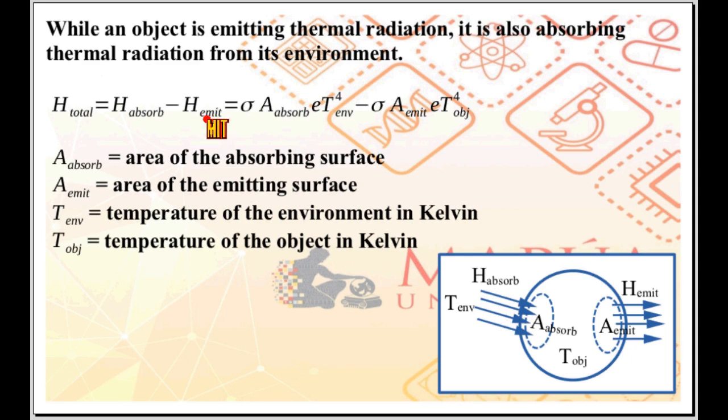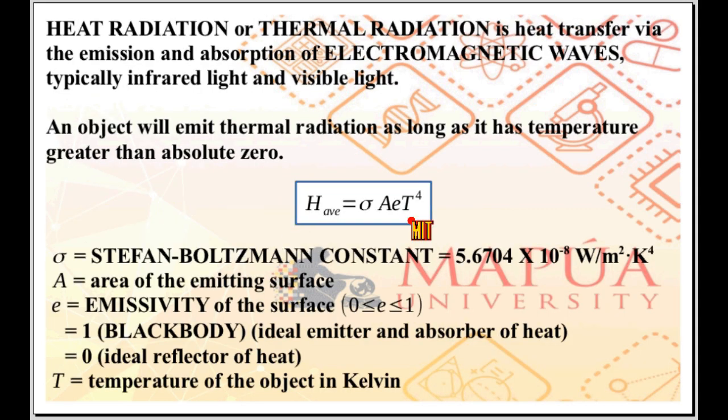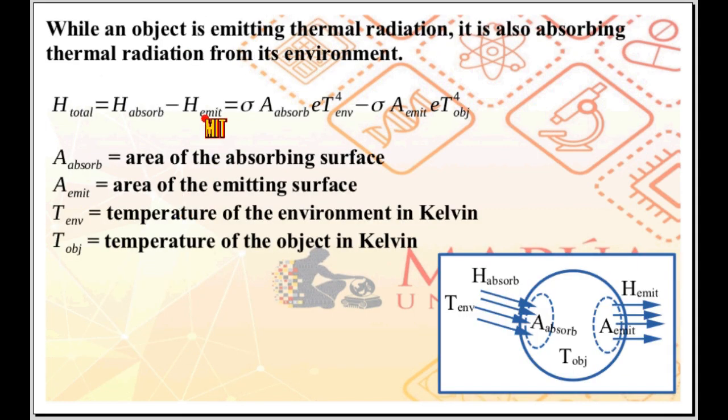And H emit, we covered in the previous slide. H average is equal to sigma AET to the fourth power. So H emit is sigma A emit E T to the fourth power. Sigma is still the Stefan-Boltzmann constant. E is still the emissivity of the surface of the object.